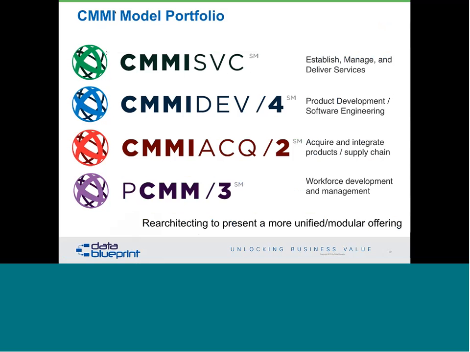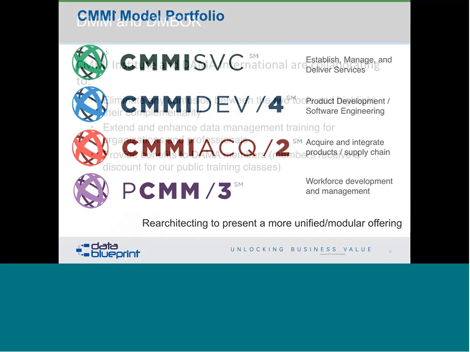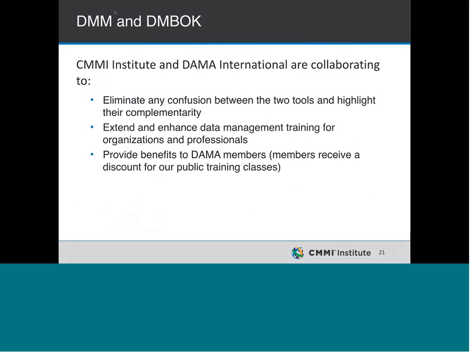So this just illustrates some of our other key products in our portfolio. And we are, by the way, coming out with an overarching product called Next Generation that will allow organizations to select from specific process areas in any of our reference models to develop a complete custom capability measurement instrument for their use. So that'll be coming out in approximately 9 months from now, and it should be very useful.